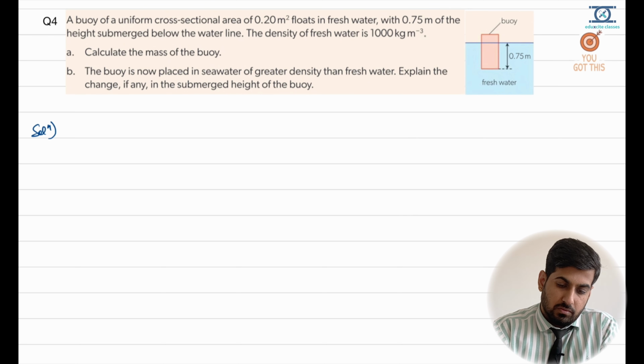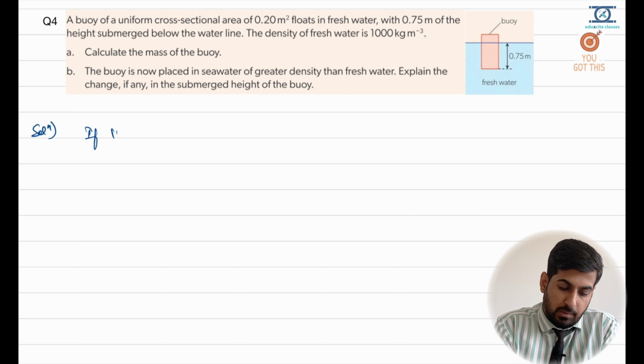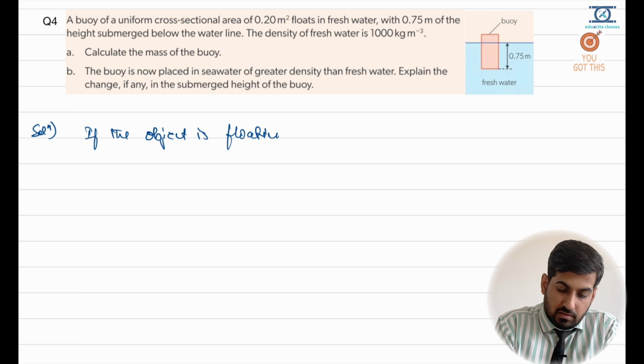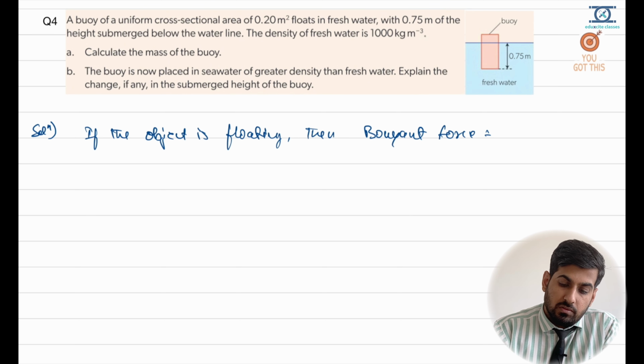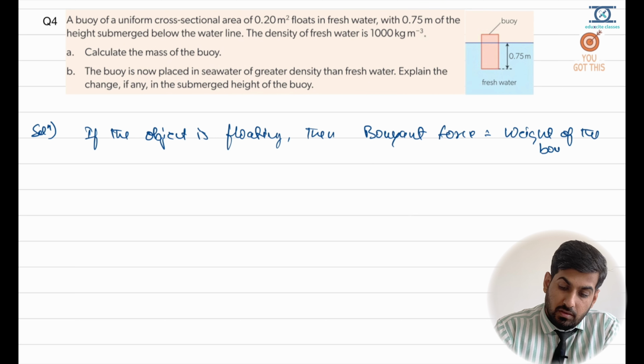So according to the upthrust force, if the object is floating, then we can say the buoyant force is equal to the weight of the buoy.